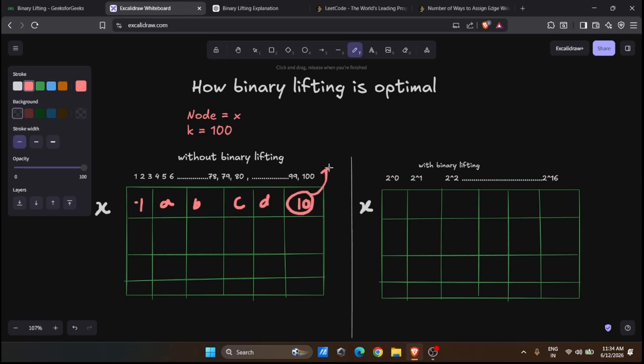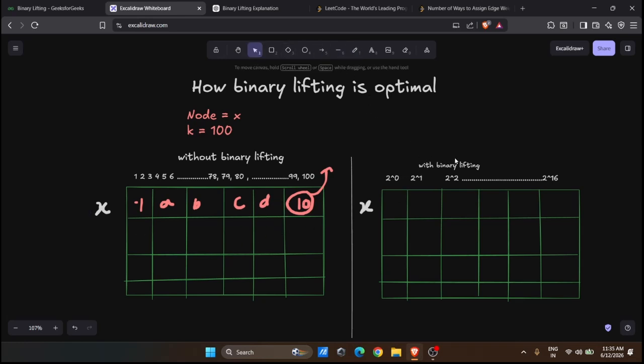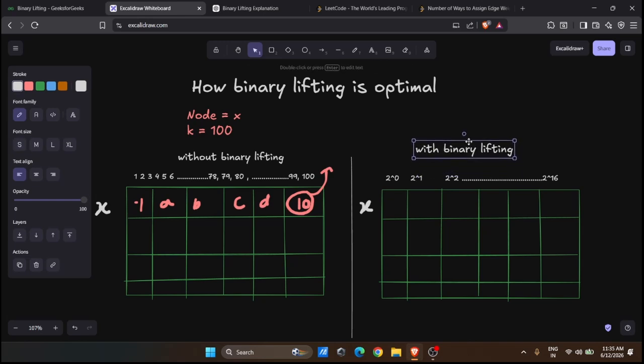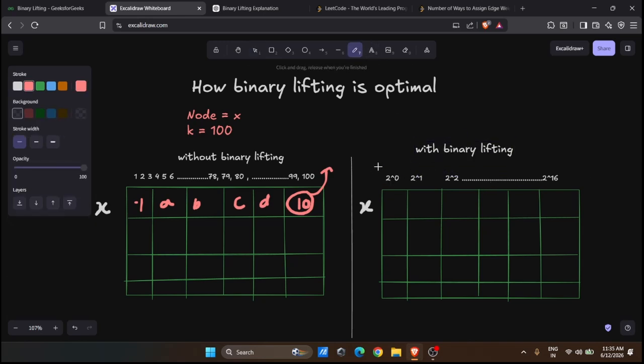We return this. That's a very slow approach to solving this question, whereas with binary lifting, we can get the value of the 100th ancestor within 17 iterations.